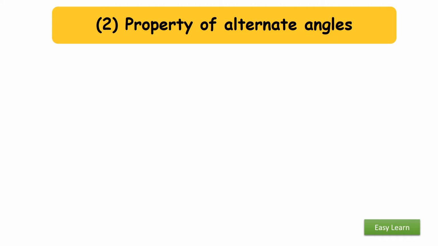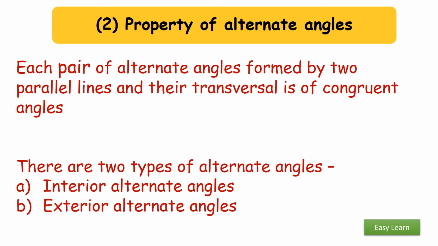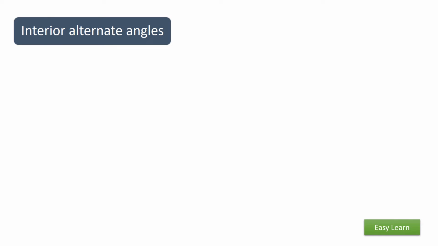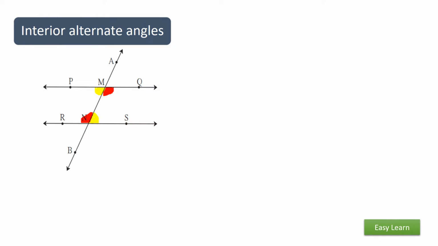Second, property of alternate angles. Each pair of alternate angles formed by two parallel lines and their transversal is of congruent angles. There are two types of alternate angles: interior alternate angles and exterior alternate angles. Interior alternate angles.